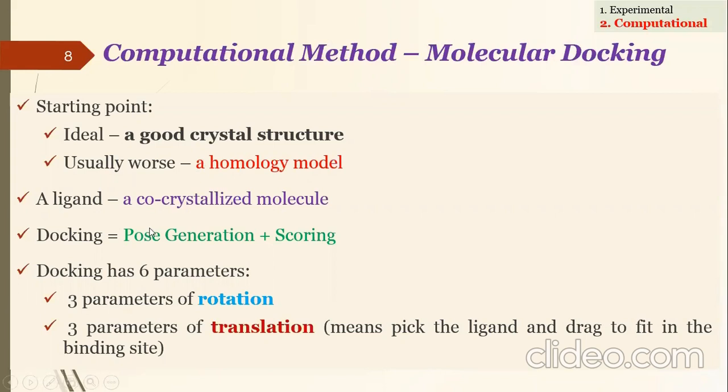If we have a crystal structure, normally people do X-ray crystallography. But to make the protein stable, people co-crystallize it with some ligand, like a protein with its substrate.